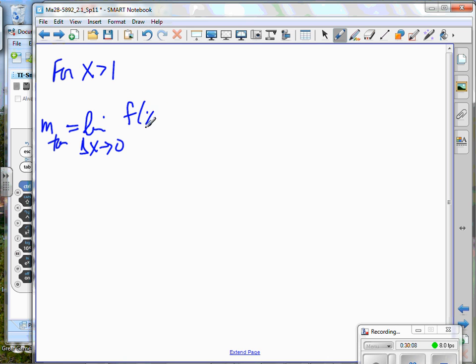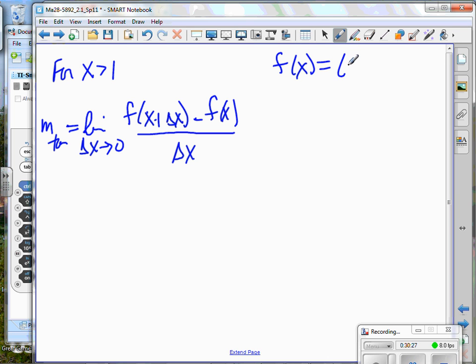f of x plus delta x minus f of x divided by delta x. Only this time my function is x minus 1 quantity squared.